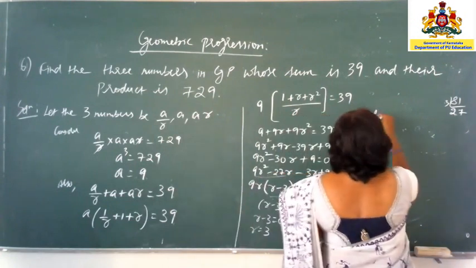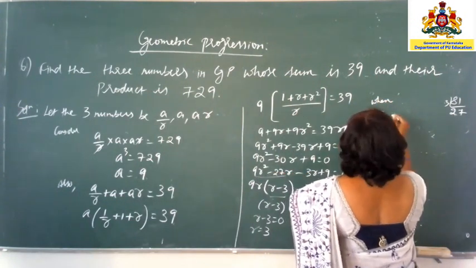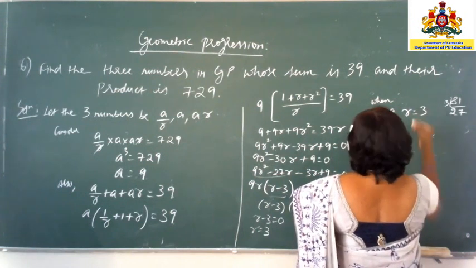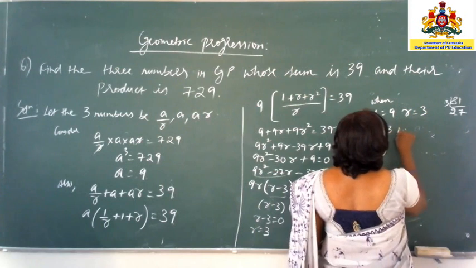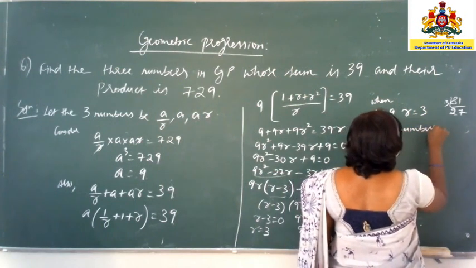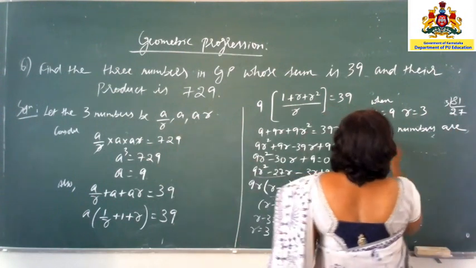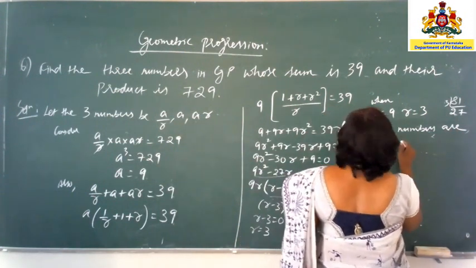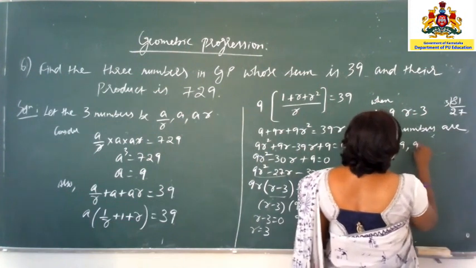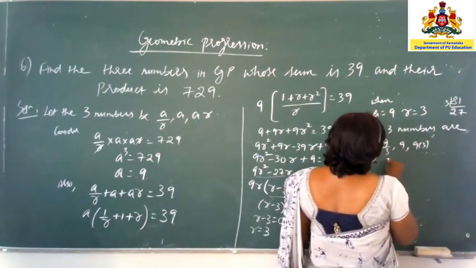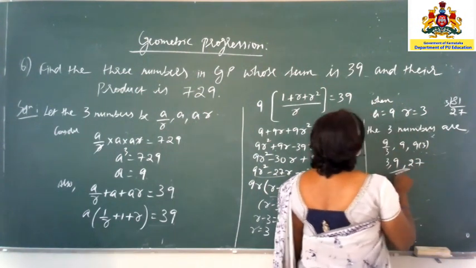So when A is equal to 9, R is equal to 3, the three numbers are A by R, that is 9 by 3, then A is 9, then 9 into R, so 9 into 3. So that will be 3, 9, 27.